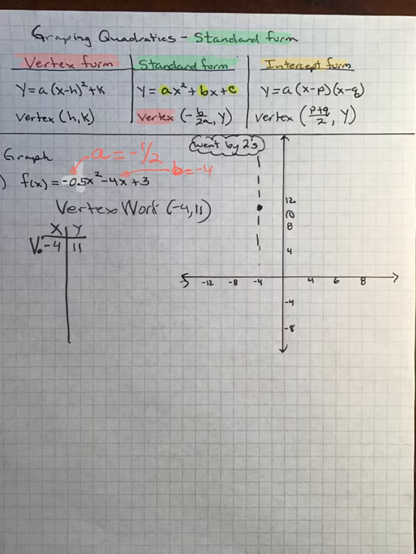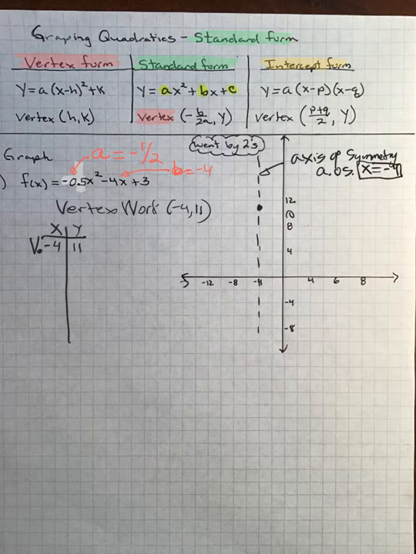Our axis of symmetry goes right through the vertex. We get tired of writing the words out, so we go AOS. The equation for the axis of symmetry is x equals, right? Vertical lines are x equals, so x equals -4. That's the equation for the axis of symmetry.